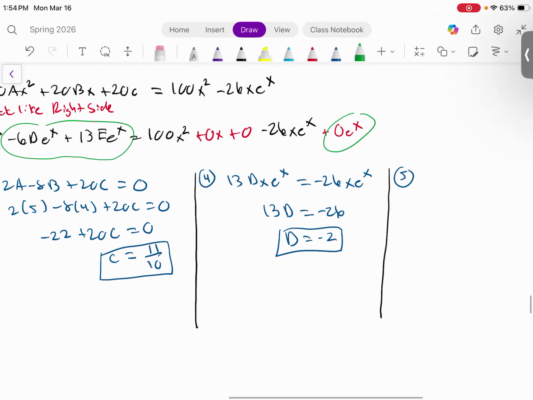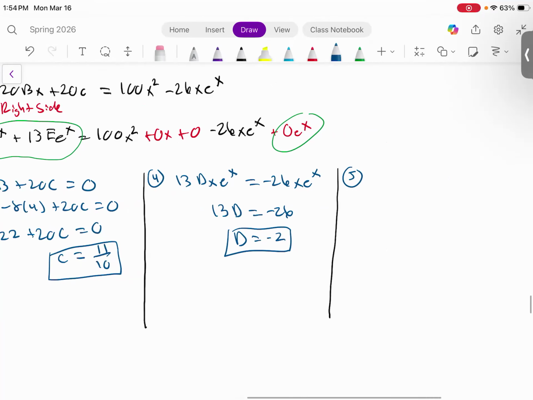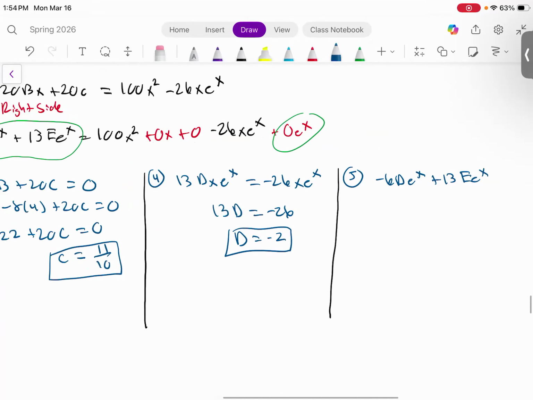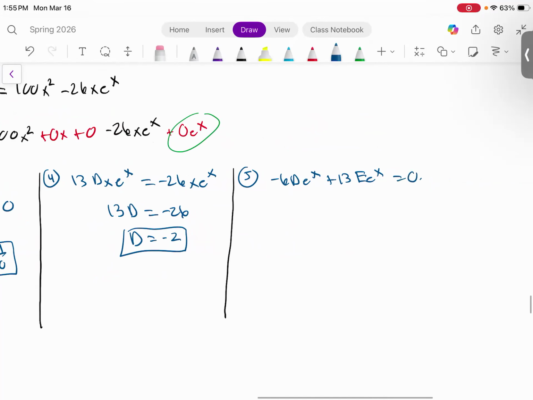So we would get negative 6d e to the x plus 13 e to the x equals 0 e to the x. So let's go ahead and factor out an e to the x just to make the equating a bit cleaner to see.